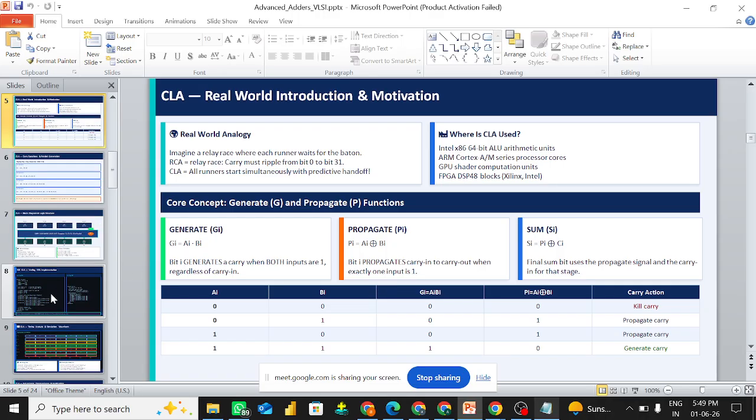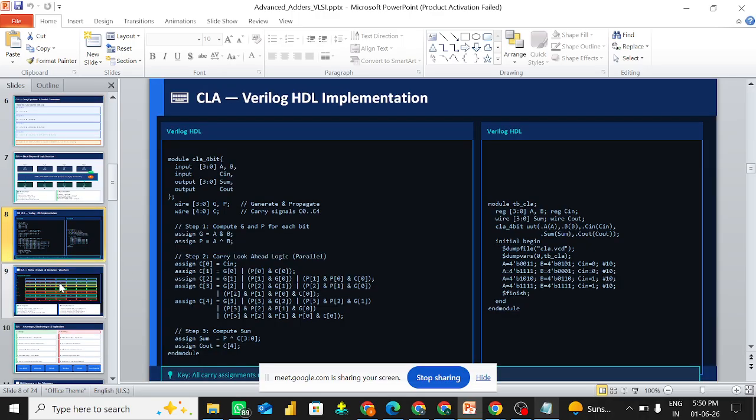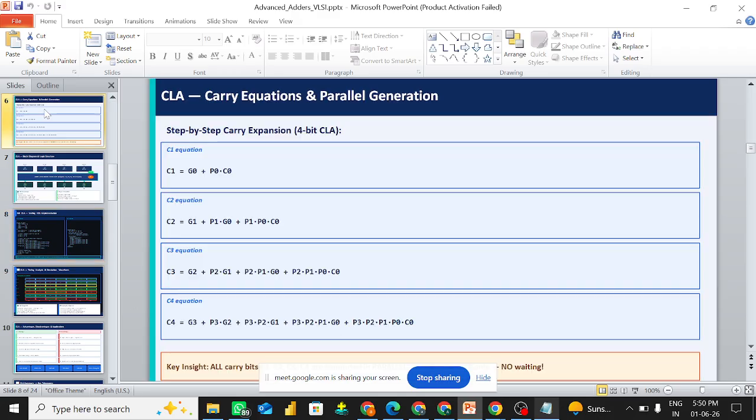So coming back to the concepts, we saw how this works, okay. Without even carrying in, what does this equation do? This equation is going to determine the carry out of that particular adder without taking input from another adder, okay.